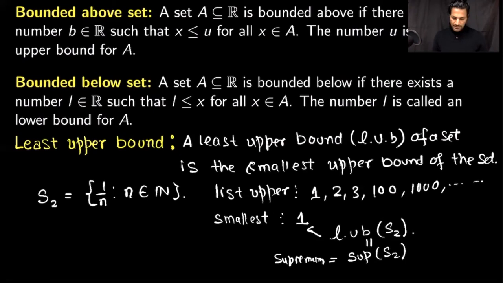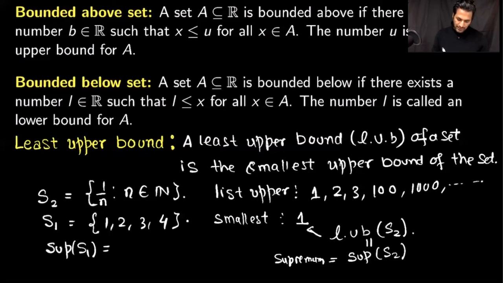In that case, it is 1. Also, you can see in the set S1, if I write 1, 2, 3, 4, the sup of that set S1 is 4, because 4 is the least upper bound of this set. So this is the definition of the least upper bound.